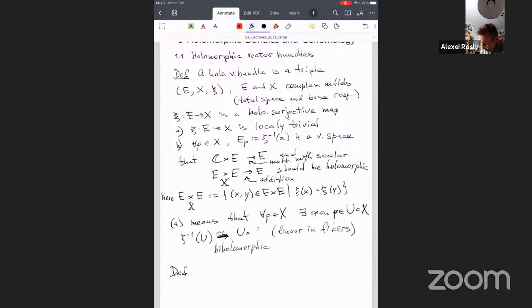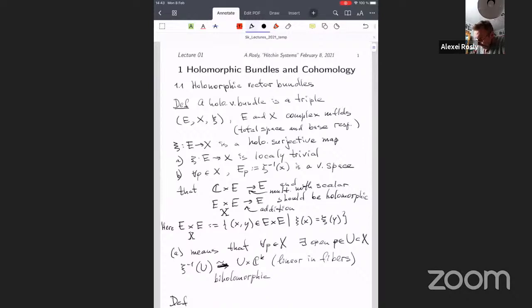And we should also write a holomorphic vector bundle over X of rank K. This K is called the rank of the bundle. It's the same for all points and their neighborhoods by definition, or you can easily prove it.